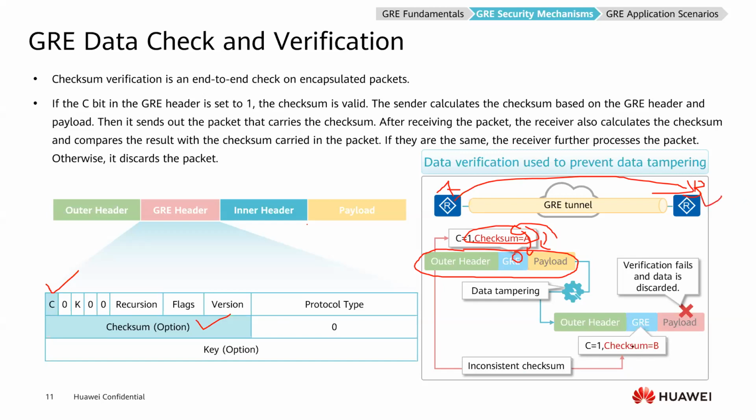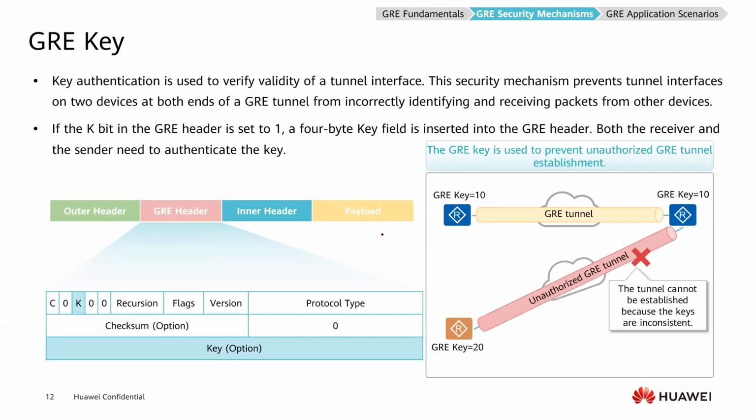When it arrives at B, B also does the checksum calculation again. If B calculates checksum B while the checksum from A is still A, they are inconsistent. So B thinks this packet has been modified and discards it.